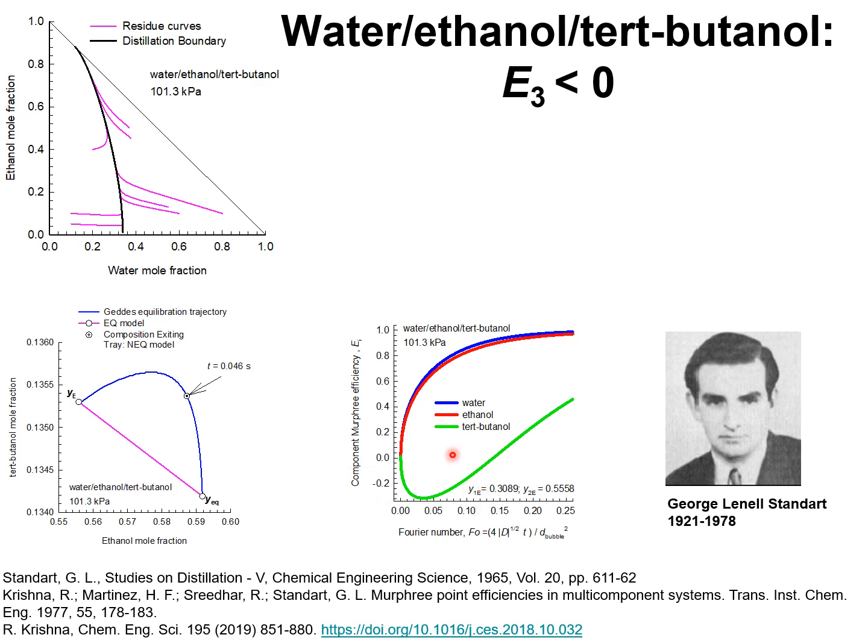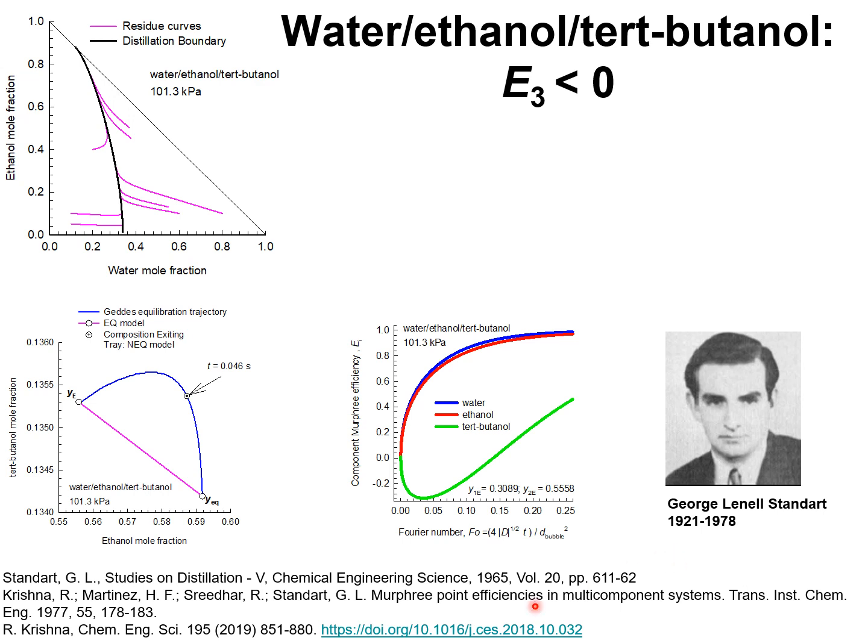The negative efficiency of tertiary butanol has been experimentally confirmed in this paper published in 1977, carried out in the separations process group of George Standart at the University of Manchester.